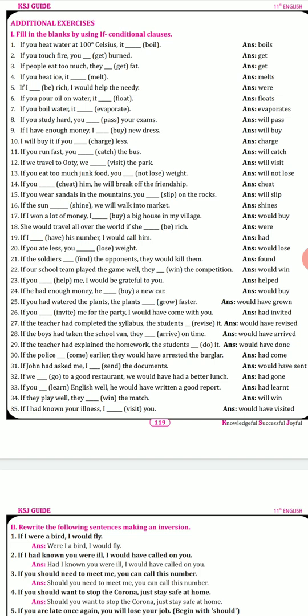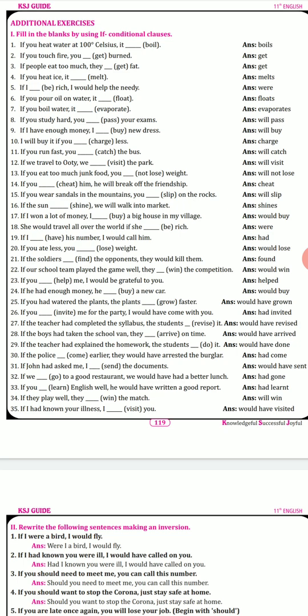And then question number 16: if the sun (shine), we will walk into the market. Here in the main clause they have given future, but in the subordinate clause we have to use simple present tense.